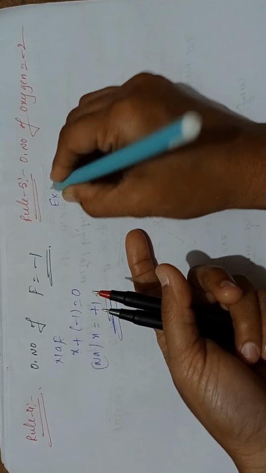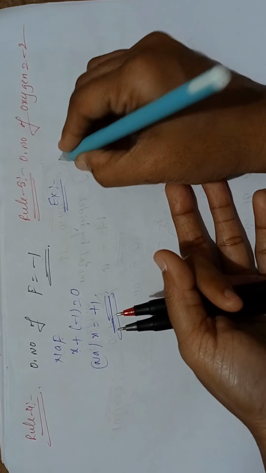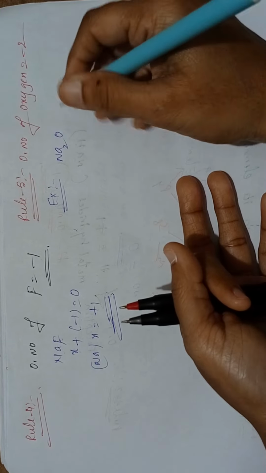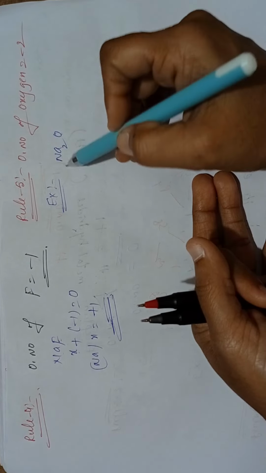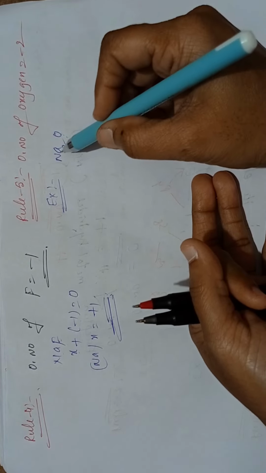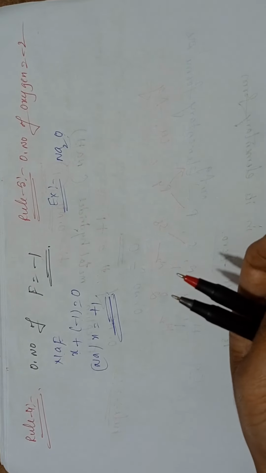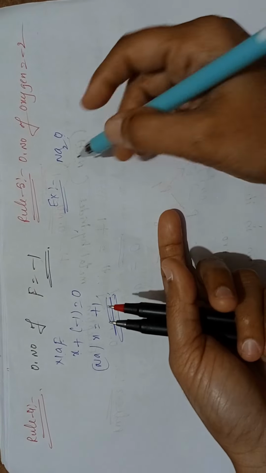Here I am going to calculate one example: Na2O. I want to find the oxygen oxidation number, which is -2. In this compound oxygen is showing -2. Sodium is a first group element, and first group elements have oxidation number +1.